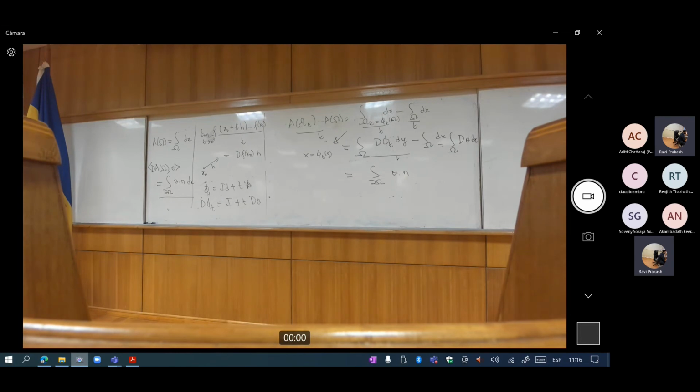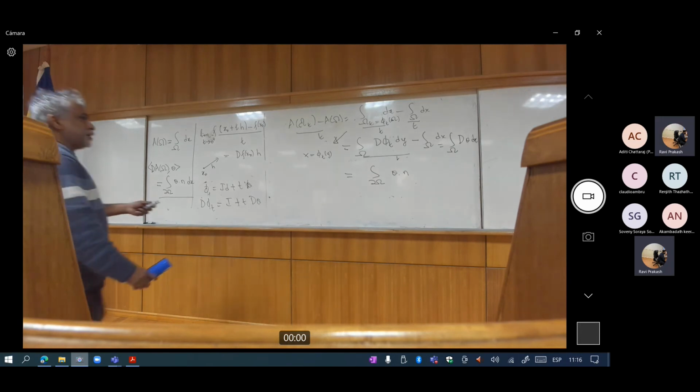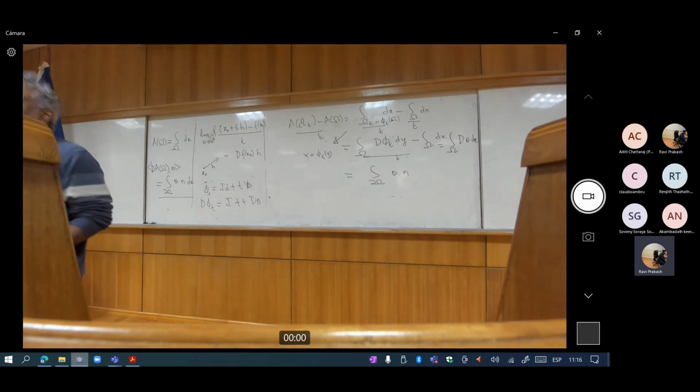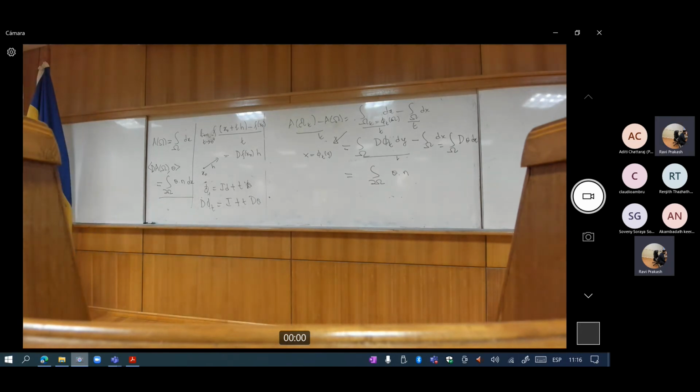If you have a shape functional, and if the derivative exists, since the shape variation depends only on the variation of the boundary, and for varying the boundary, if you move the boundary tangentially, it has virtually no effect. Only the normal component will have an effect on changing the shape.